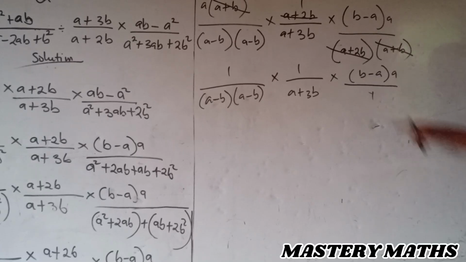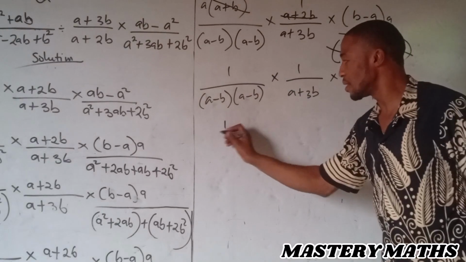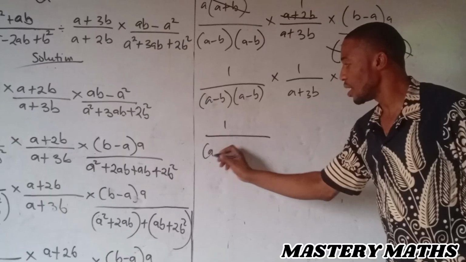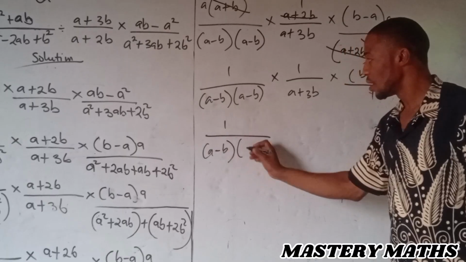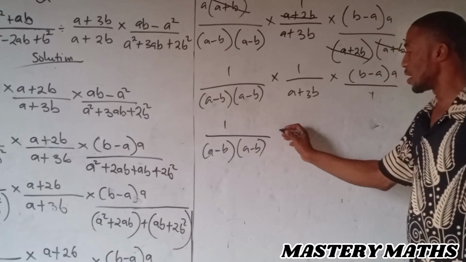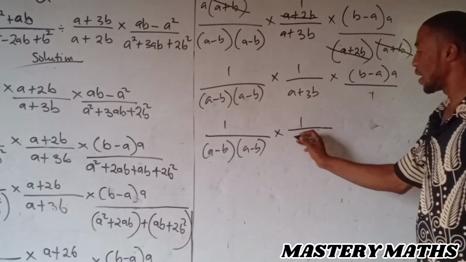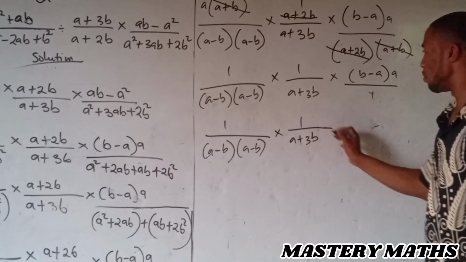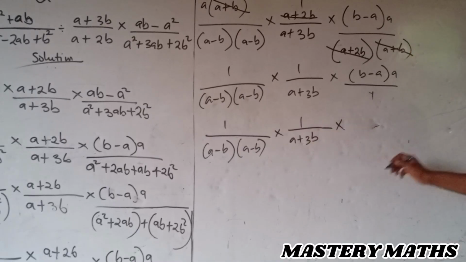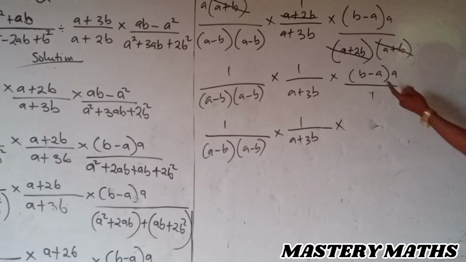Now, here comes the question. How do we arrange these? First of all, we write A minus B down, close the bracket, times 1 over A plus 3B, times, now listen up, let's change it. This minus A comes this way.